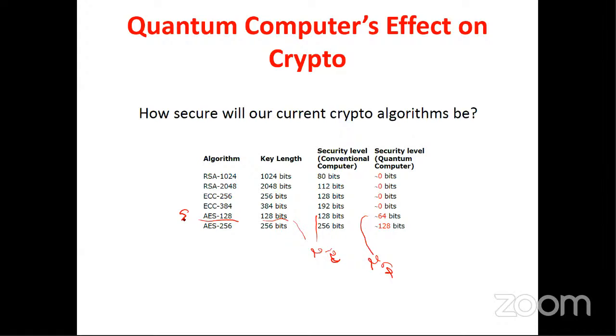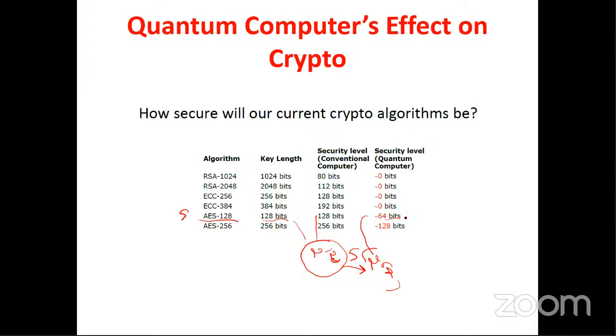AES is a symmetric key cipher and the key space is 2 to the power 128. If we apply Grover's, the key space becomes 2 to the power 64. So essentially, we think our key length is 128, so it provides 128 bit security, but it provides security of only 64 bit.